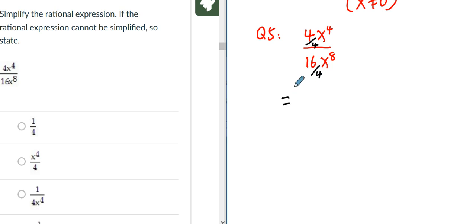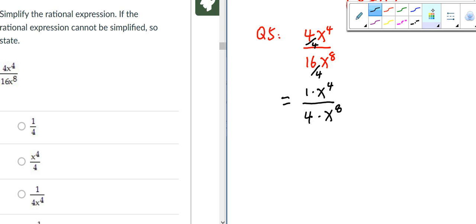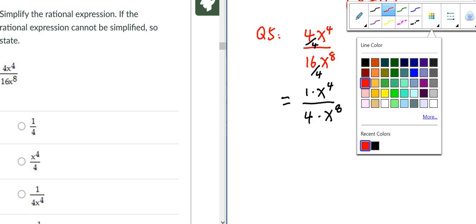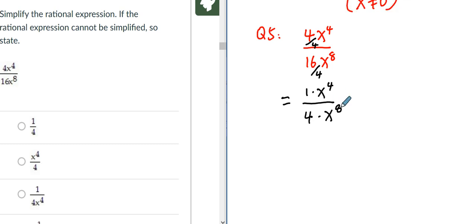So this will simplify. 4 divided by 4 is 1. And then x to the 4th over 4 times x to the 8th. Again, here, you can use 8 minus 4, which you will have 1 over 4 times x to the 4th.